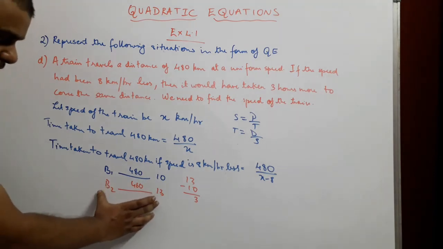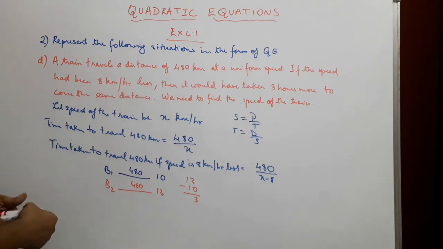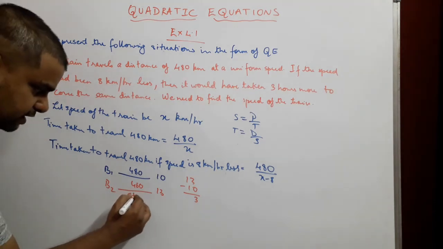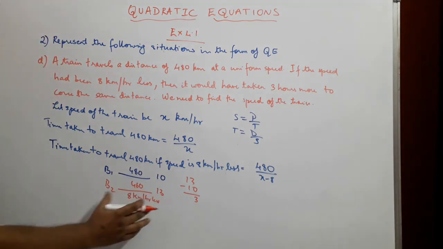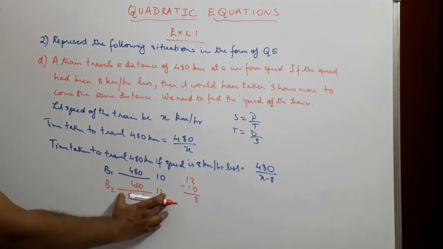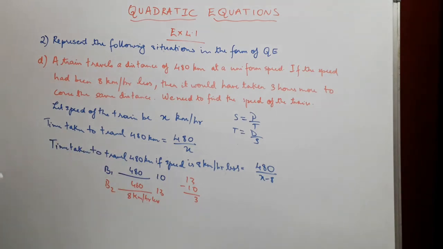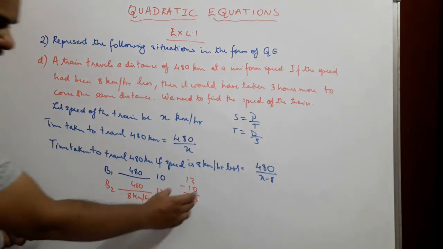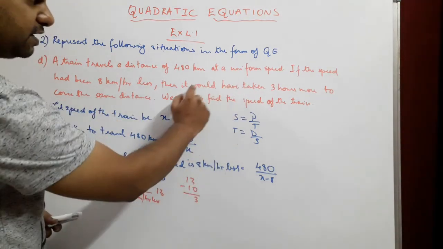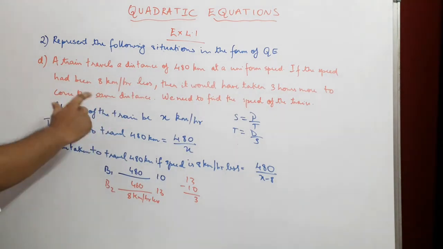We are looking at the time taken to travel when the speed was 8 kilometers per hour less, and we subtracted the original time at the normal speed. We do the same thing here, and that is when we get the difference as 3. That is, it would have taken 3 hours more to cover the same distance.